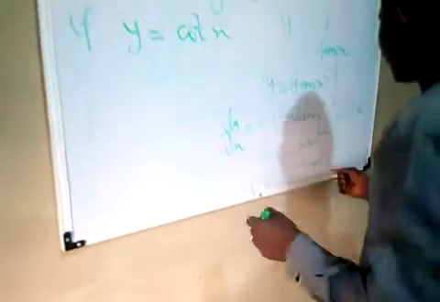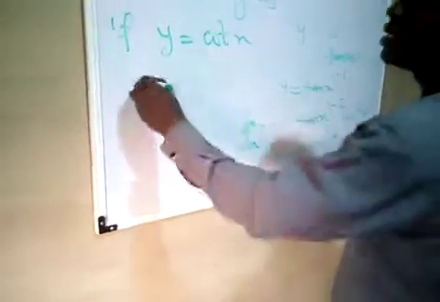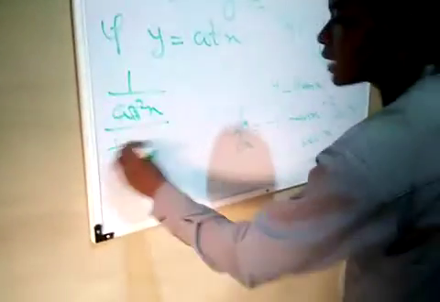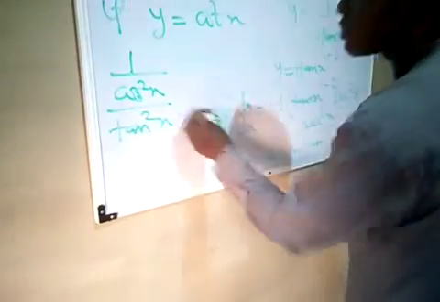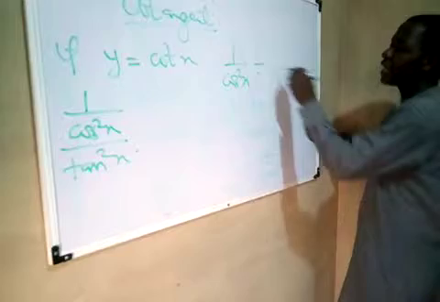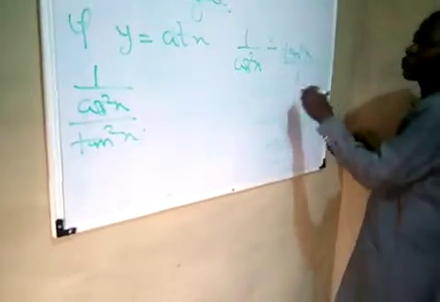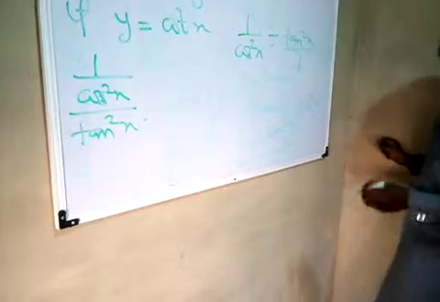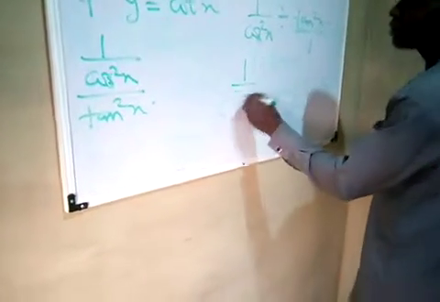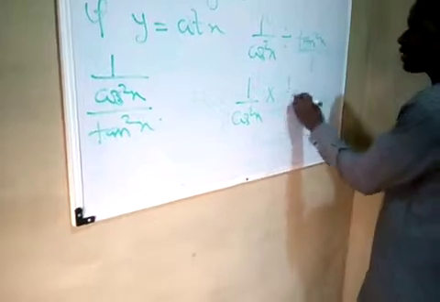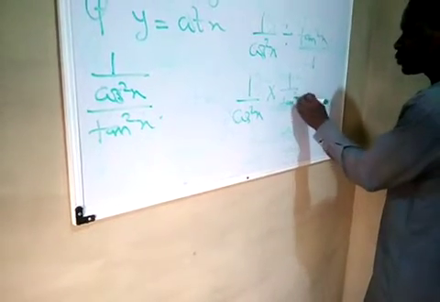So if you now have this, let's break it down. We can write sec x as 1 over cos x, all over tan square x. If I change it to multiplication, I will have 1 over cos square x times 1 over tan square x.